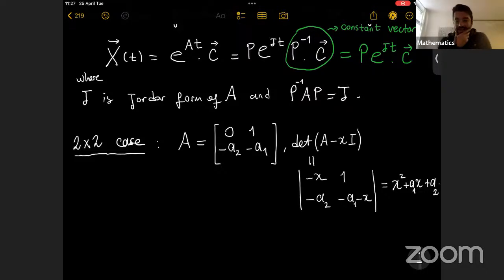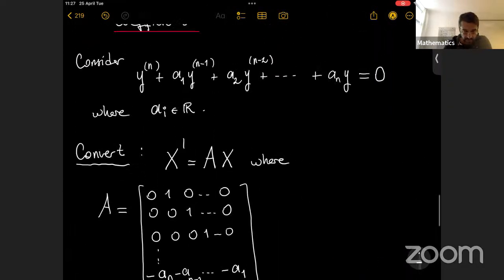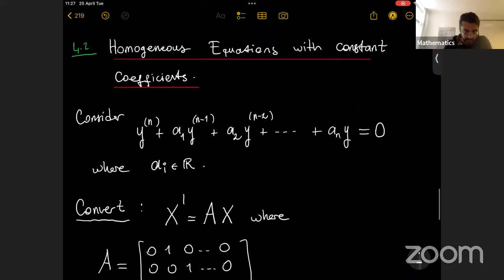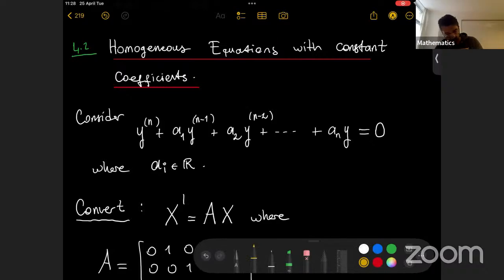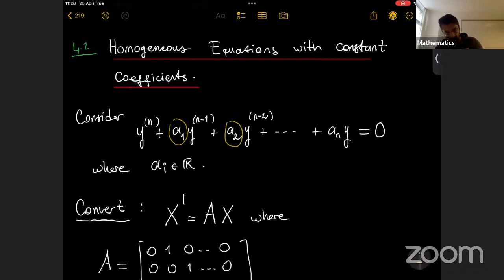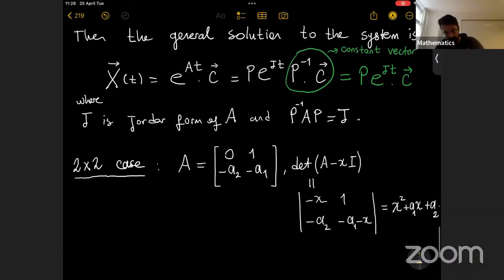Well, we get a nice polynomial of lambda, with coefficients a1 and a2. Remember what are a1 and a2? From the very beginning, these are the coefficients. Here this is a1, this is a2, and you see these terms when you try to find the eigenvalues.